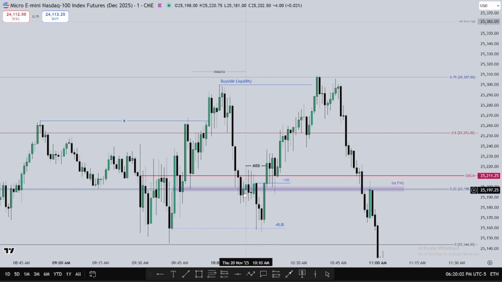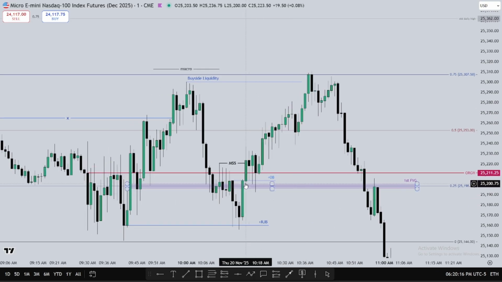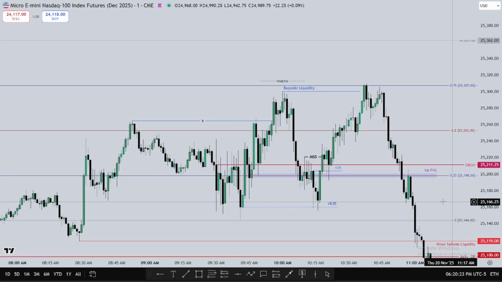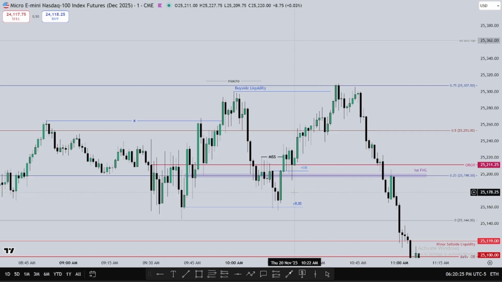So you have a change in state, breaker, fair value gap, wick quadrant, lower quadrant, and then an actual normal fair value gap. That is a very high probability entry to go long, to the minor buy side, to the inefficiency, wherever you want. But that is how I decide very high probability entries, and it's based off wick quadrants that are on the daily chart.